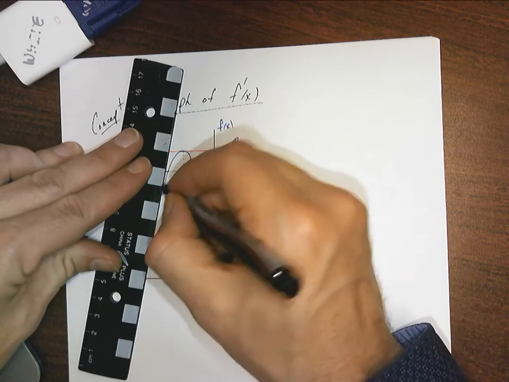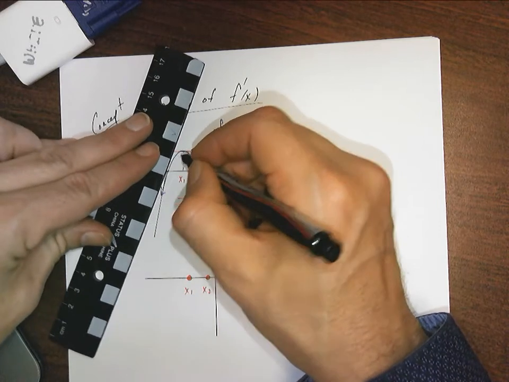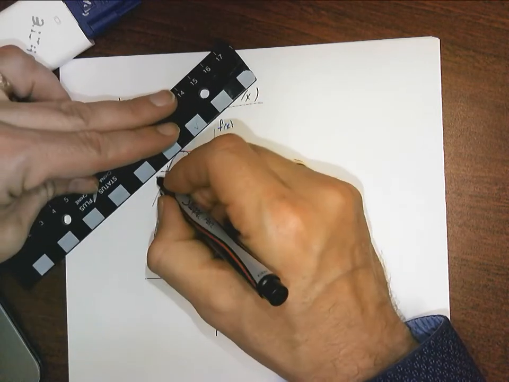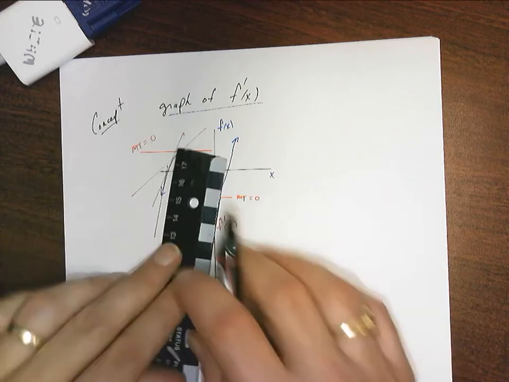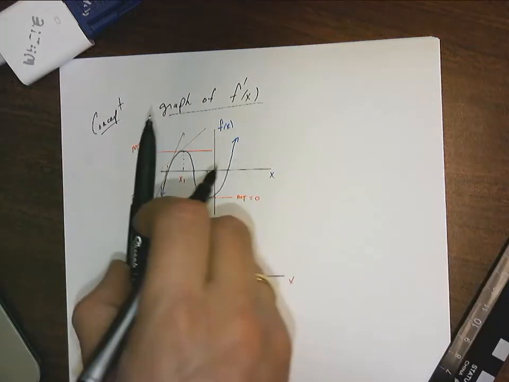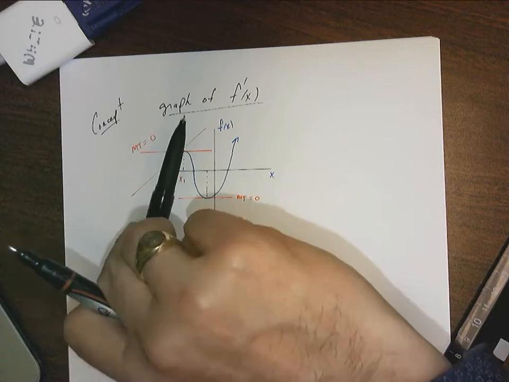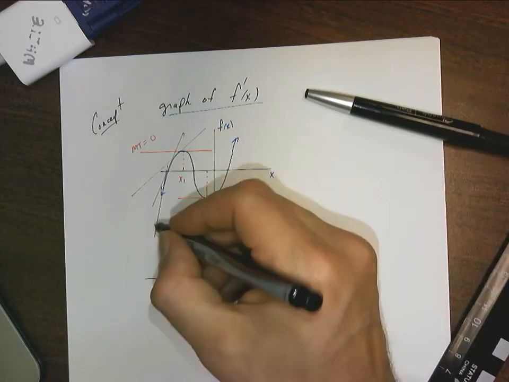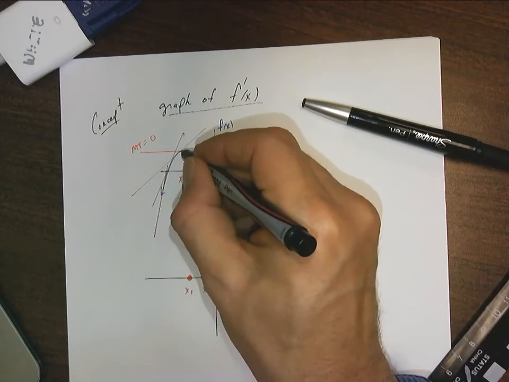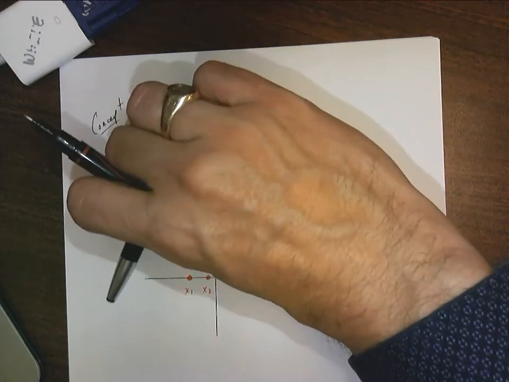As we go from here, we get a slope of the tangent that way. We get a slope of the tangent that way. We get a slope of the tangent that way. So what's happening is we're going from some pretty steep slopes, so we're going from steep to 0. And notice that all of these slopes are positive.